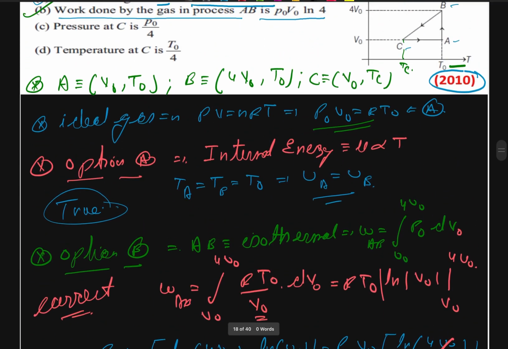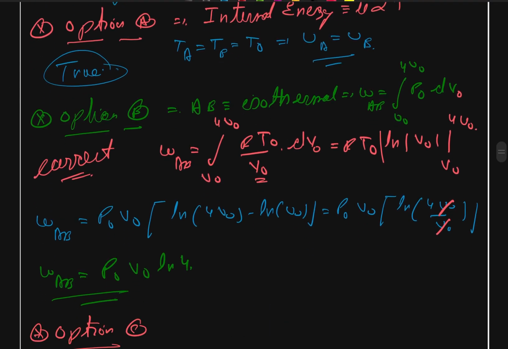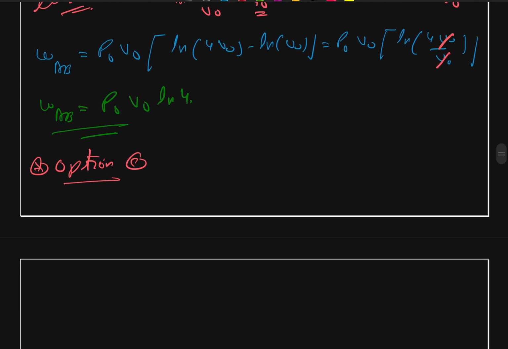Option C states that pressure at C is P naught by 4. We can just use our ideal gas equation because the volume is our V naught. So we can write our pressure at C will be equal to R Tc upon V naught.